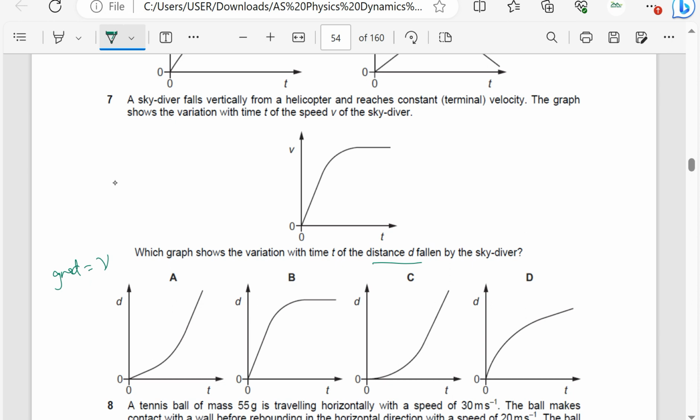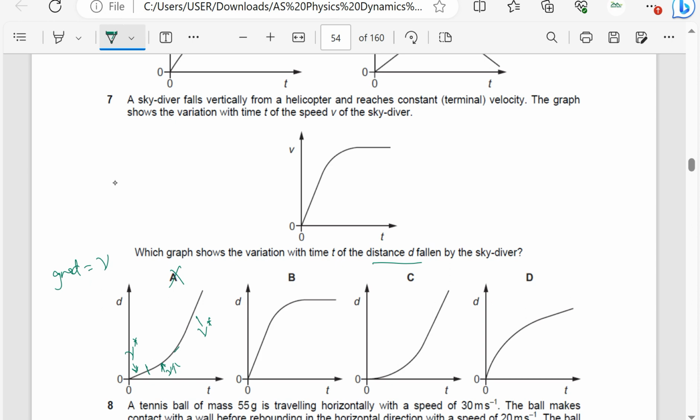Here it is showing a constant gradient, then the gradient increases, and then the line becomes straight. So V is initially constant, then V increases, and then V is constant again. So this one is out.